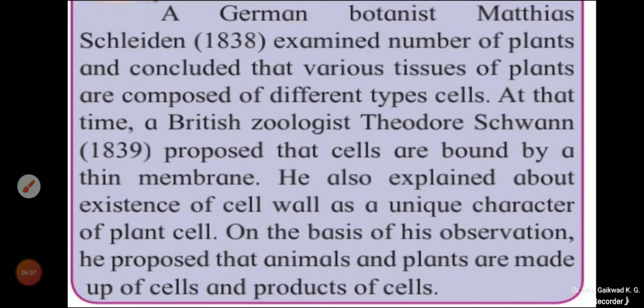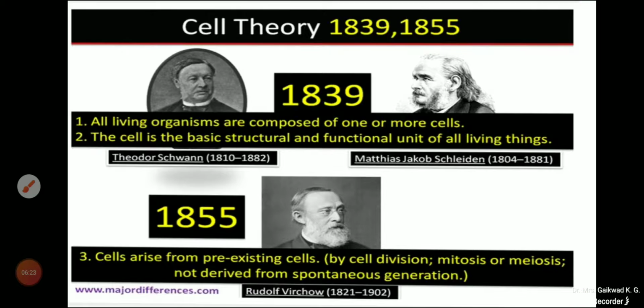He also explained the existence of the cell wall as a unique character of plant cells. On the basis of this observation, he proposed that animals and plants are made up of cells and products of cells. So, we know that the cell theory is given by Schwann and Schleiden.